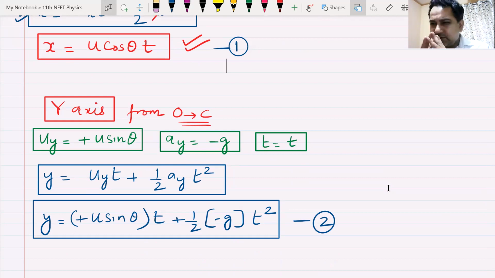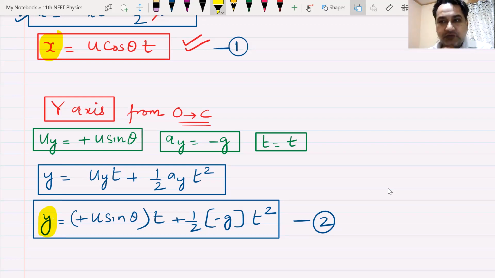What was the purpose that we were doing all this? We wanted to find a relation between X and Y. Am I correct?